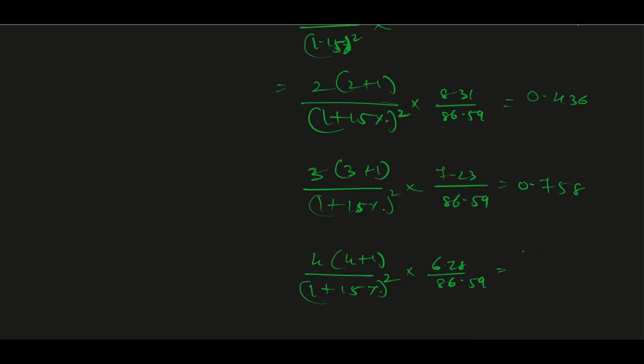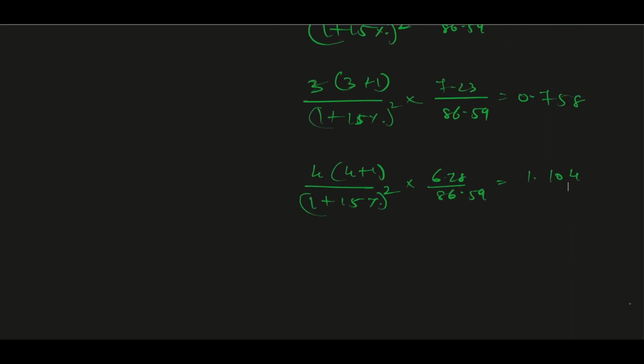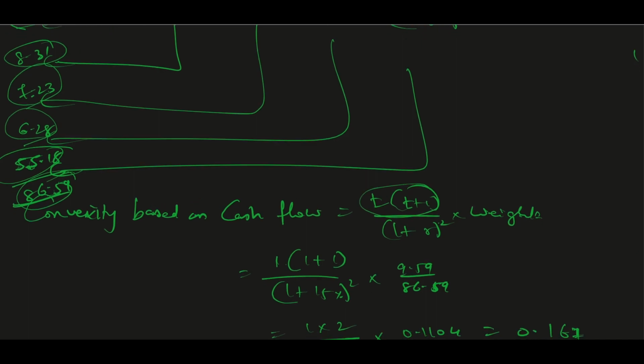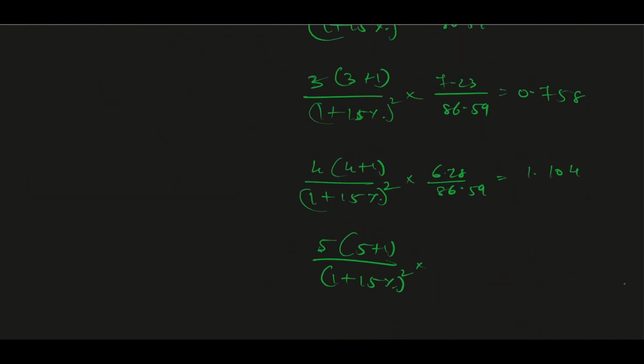So that comes to 1.104. And fifth one, 5 into 5 plus 1 divided by 1.15 squared, into 55.18 divided by 86.59.